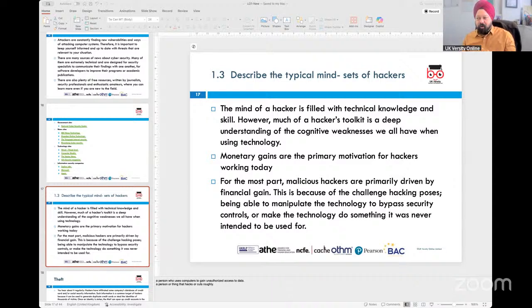Sometimes they are motivated by money-related transactions, and sometimes they could be just doing it for fun. So understanding the psychology and the behavioral traits of hackers is sometimes done by organizations because they want to know why people want to hack or break into this, and what they would get out of it. The reason we want to understand the mindset is that we want to create mitigating strategies.